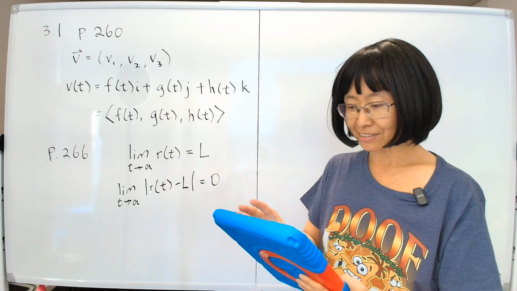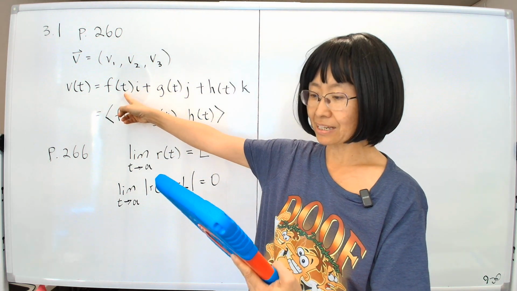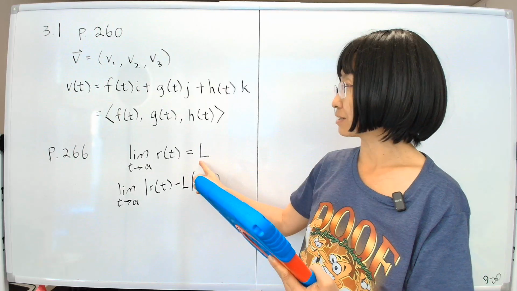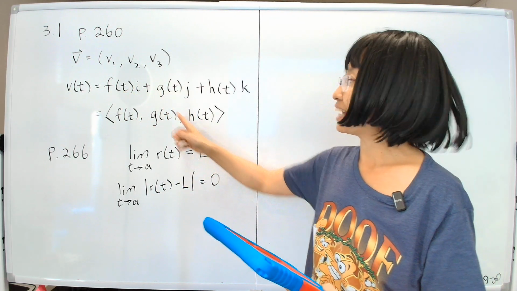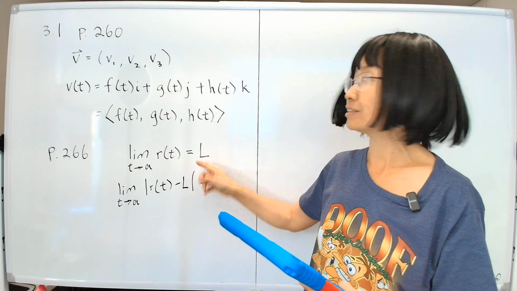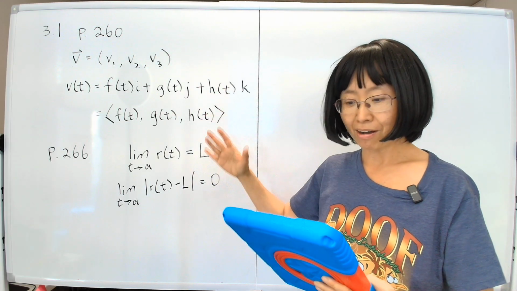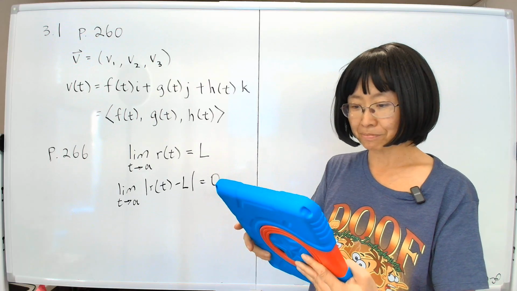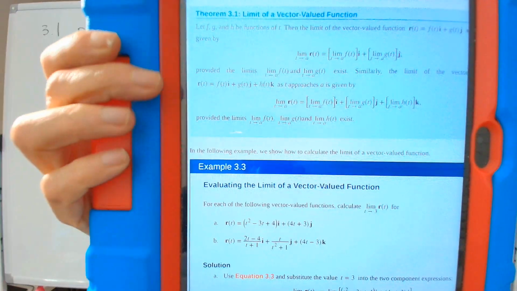Well, as it turns out, that means that each component is going to approach its limit. That is, f of t will approach L1, and g of t will approach L2, and h of t, if it's there, will approach L3. So all three limits will approach at the same time, as listed in theorem 3.1. As you can see, they ask how do you calculate the limit?